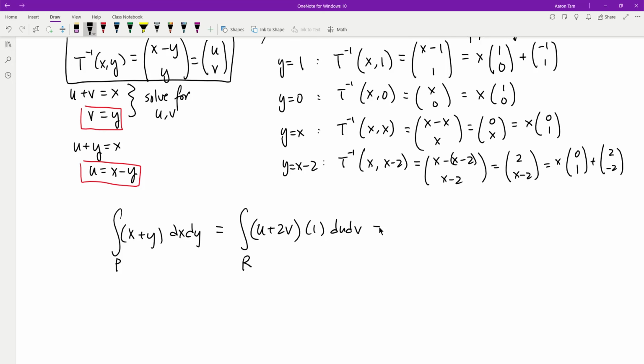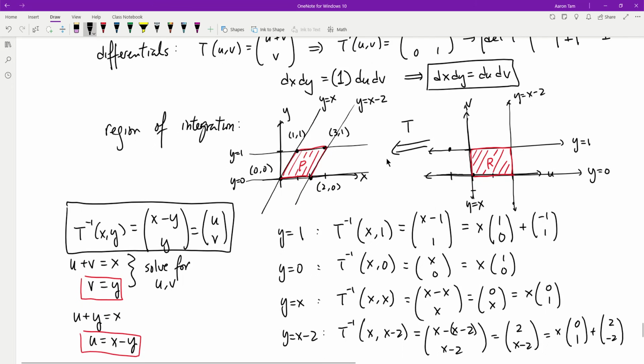And now I can take this Riemann integral and rewrite it as an iterated integral, because R is just a nice simple rectangle. So if I look at this correctly, this horizontal line y equal to 1 is the same as v equal to 1. And this horizontal line will simply be at v equal to 0. This vertical line y equal to x actually turned into u equal to 0.